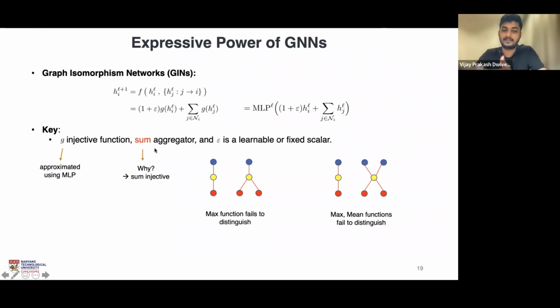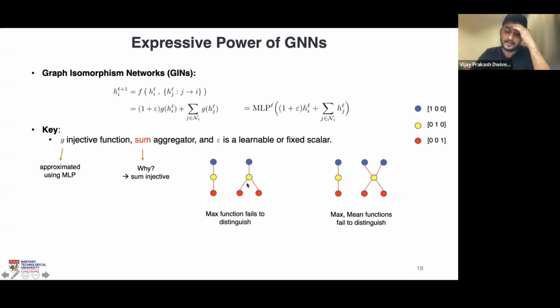The sum aggregator is necessary because different aggregation functions are important to consider when we are dealing with discrete features. In this case, consider the yellow node as a node which is receiving information from the red and the blue nodes, and these are the two graphs. If you use the max function, these two graphs would have the same output, because it fails to distinguish the neighborhood messages in these two graphs.